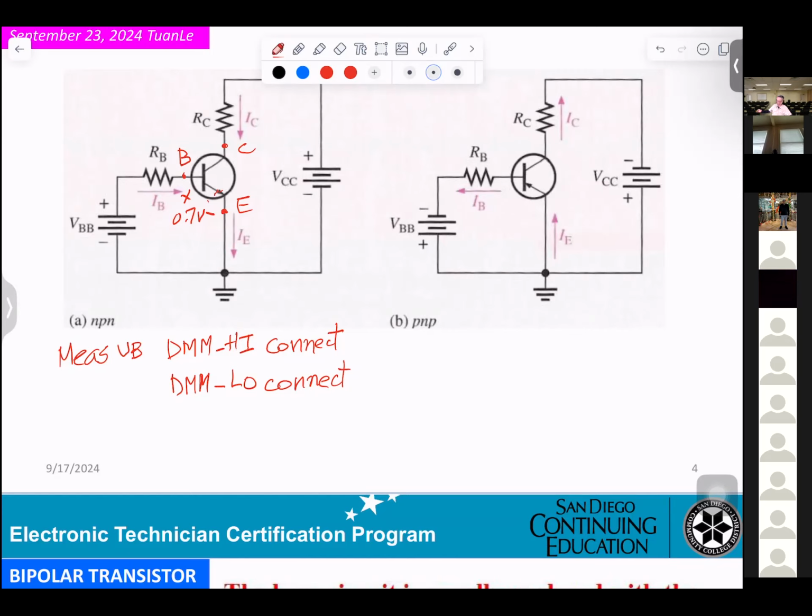Letter B, the base. And DMM low connects to where? Ground. Wow, perfect.